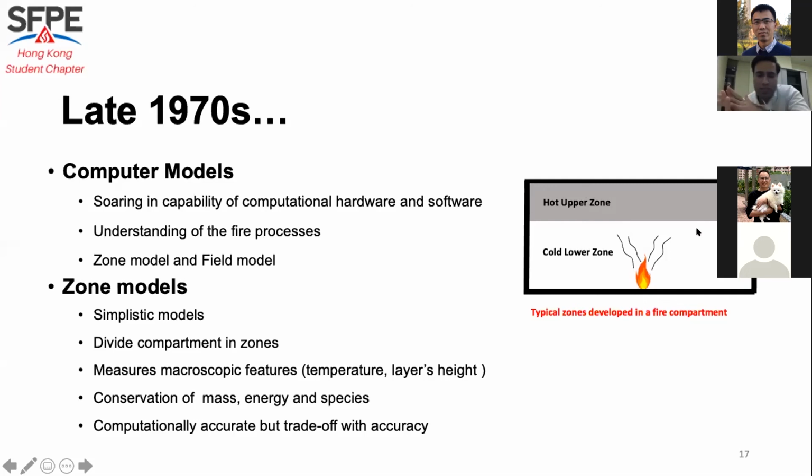Computationally they provide reasonable results, but there is still a trade-off with accuracy, mainly because they are not solving the conservation of momentum. If they are not using momentum, your velocities are not explicitly representing reality. So that's also an issue with zone models.